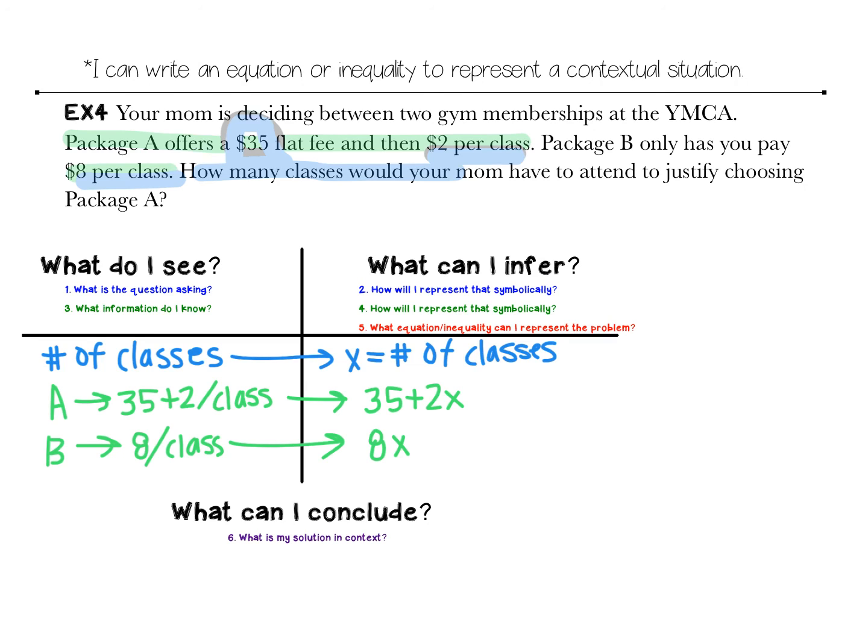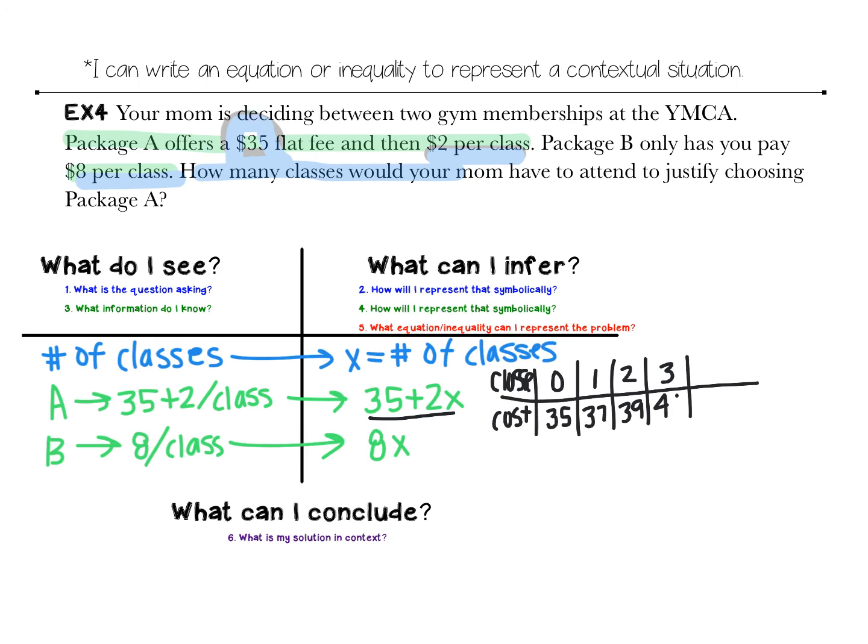So I want you to understand what we're looking at here. If X is the number of classes and Y is the cost, then when I take 0 classes in this one, 35 plus 2 times 0 is just 35. And then it's going to go up $2 every class that I take, and so on and so forth.